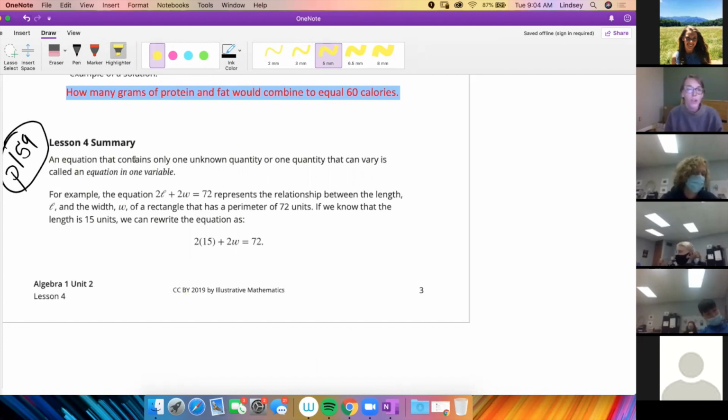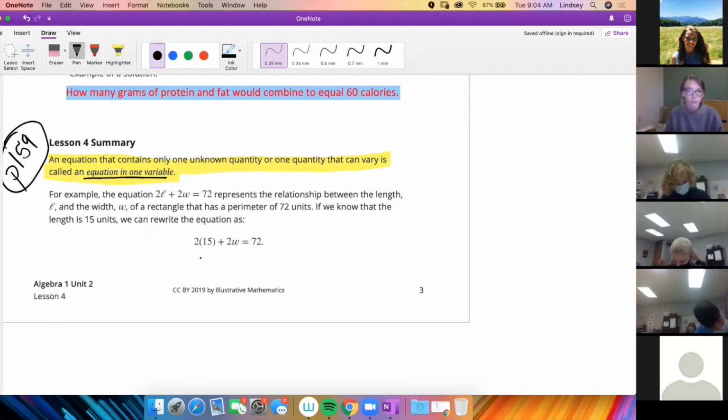So it says an equation that contains only one known quantity or one quantity that can vary is called an equation in one variable. So they give you an example of one right here. Well, they give you an equation that originally has 2 unknowns.